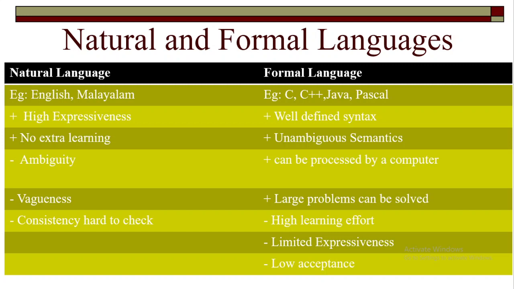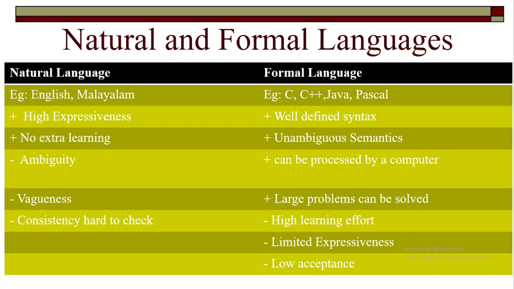Natural languages are, for example, English and Malayalam. Formal languages are C, C++, Java, Pascal, right? Like the languages used for computer programming. In natural languages, expressiveness is high, while in formal languages there is a well-defined syntax.